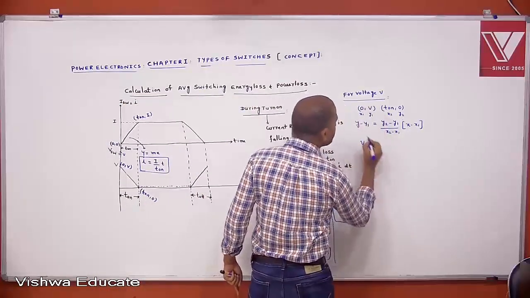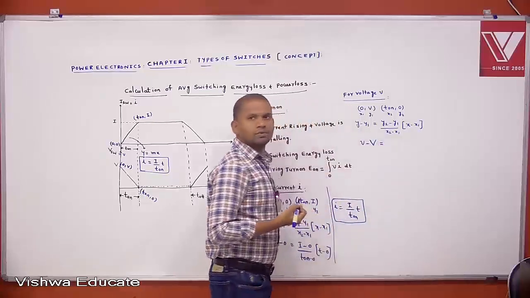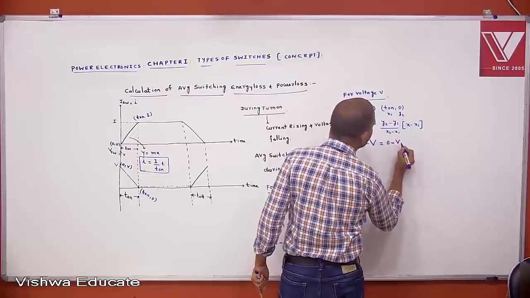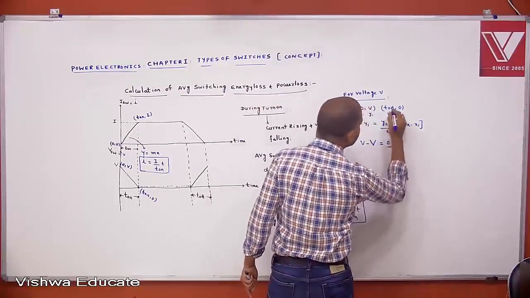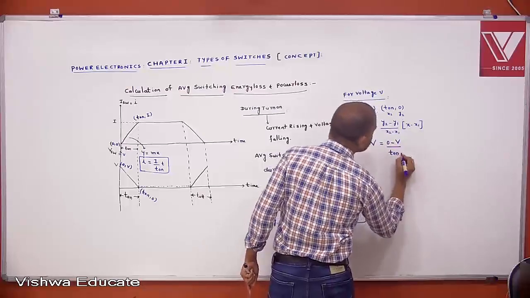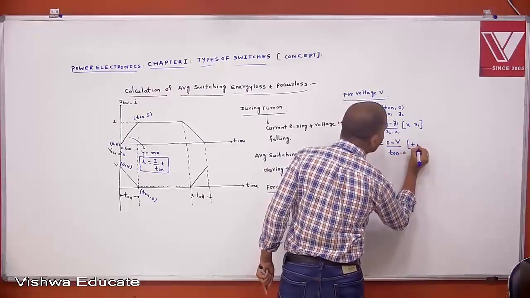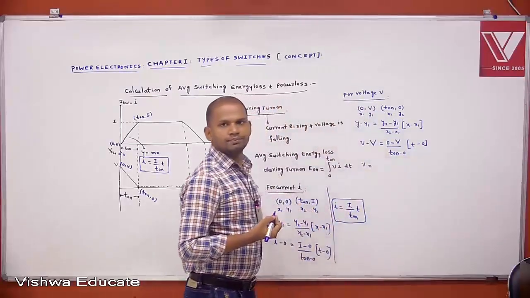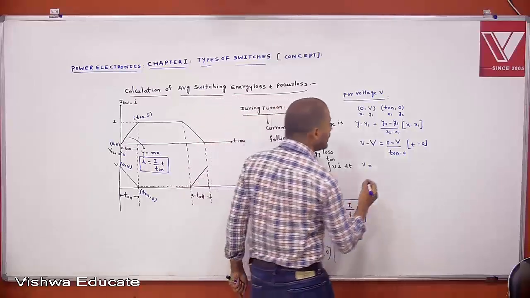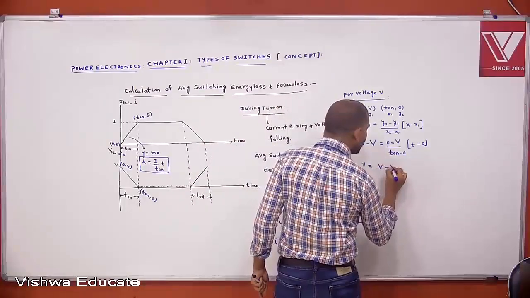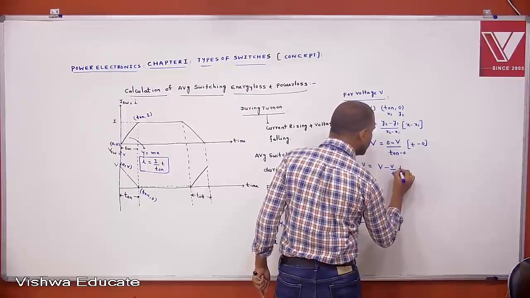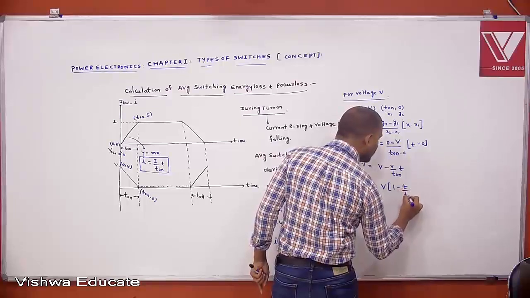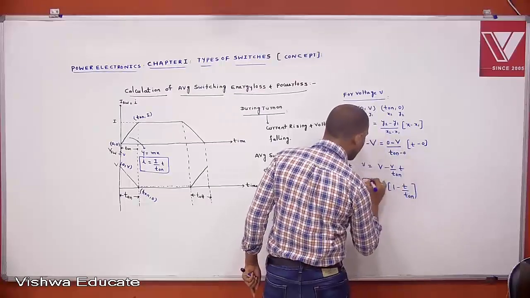V minus Y1, capital V, is equal to Y2 0 minus Y1 capital V by X2 T on, into X minus X1, 0. On the X axis, time. Then V equals V minus V by T on into T. Capital V is common: V into 1 minus T by T on. This is the expression for voltage V.